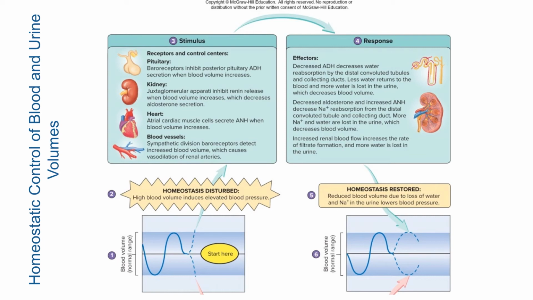In here, as you see, it's usually high blood volume, which induces elevated blood pressure. Basically, with the homeostatic control of your blood and urine, the factor that's being considered is always the elevation of your blood pressure.